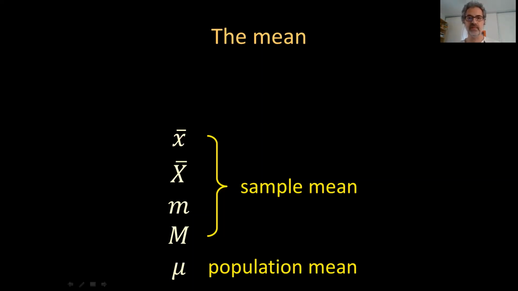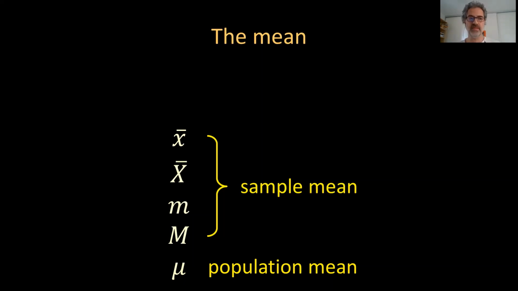And if we were writing a paper or reading about them in a paper, we would most likely see that referred to as capital M. But if we wanted to refer to the mean of the population, so the mean of everyone, including those we didn't measure, so every human or every Norwegian or every student or every child, that would be the population mean mu.